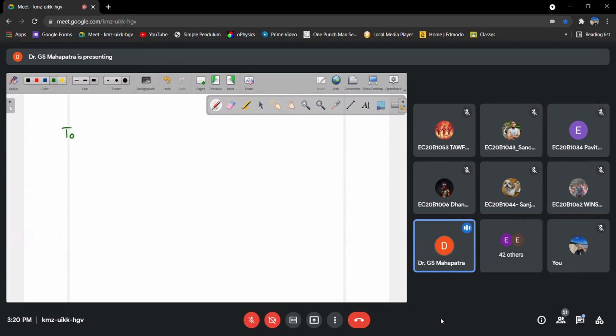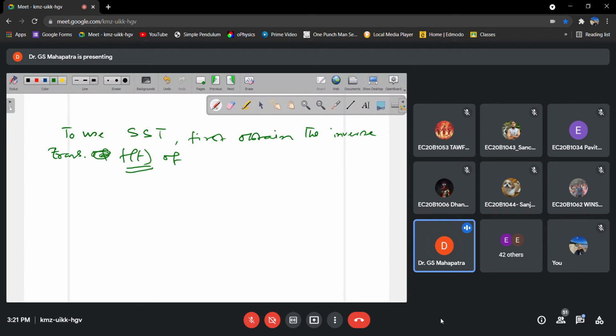To use SST, the second shift theorem, what do we have to do now? First obtain the inverse transform of small f of t. It is given that the transform of f of t is capital F of s.